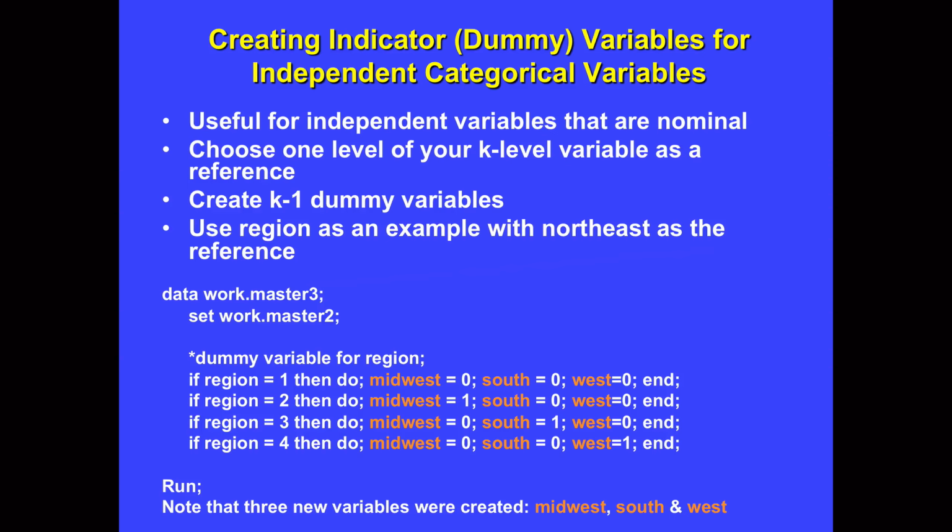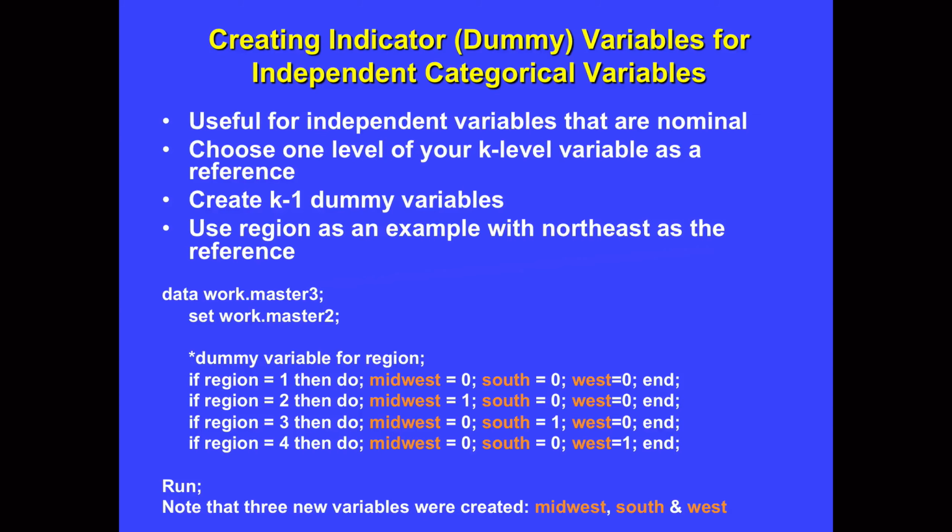One common way to do this is to create indicator variables, or another name is dummy variables. And what these indicator variables are doing is breaking some nominal variable with multiple levels down into a set of many different dichotomous independent variables that could be modeled in your regression.